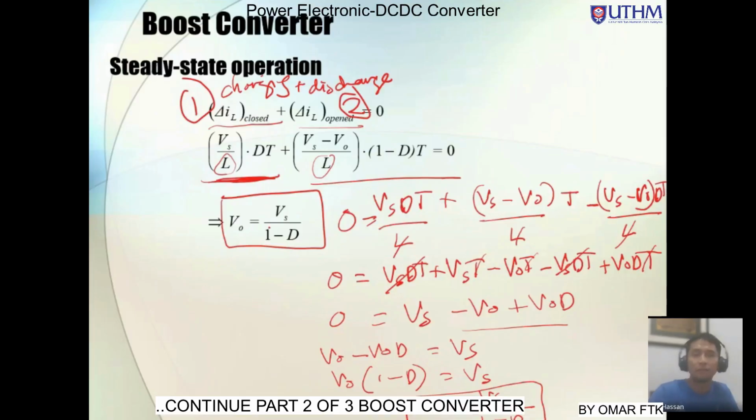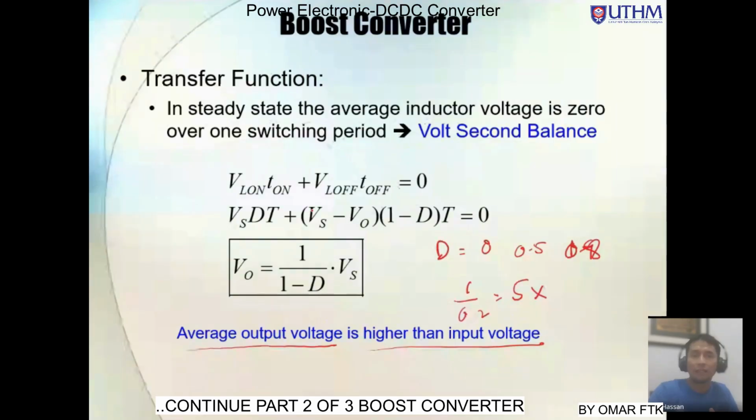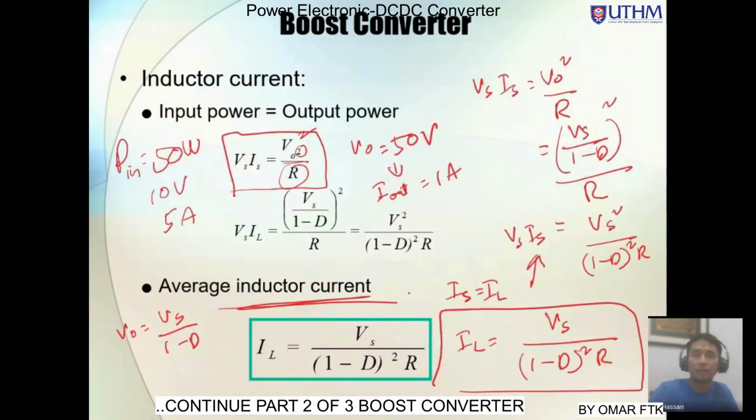Right. So this one is for the relation between V out and Vs. Then we have to look into how to calculate the inductor current, and also how to determine the inductor value. Because whenever you want to design our boost converter, we have to decide the type of switch that we want to use.